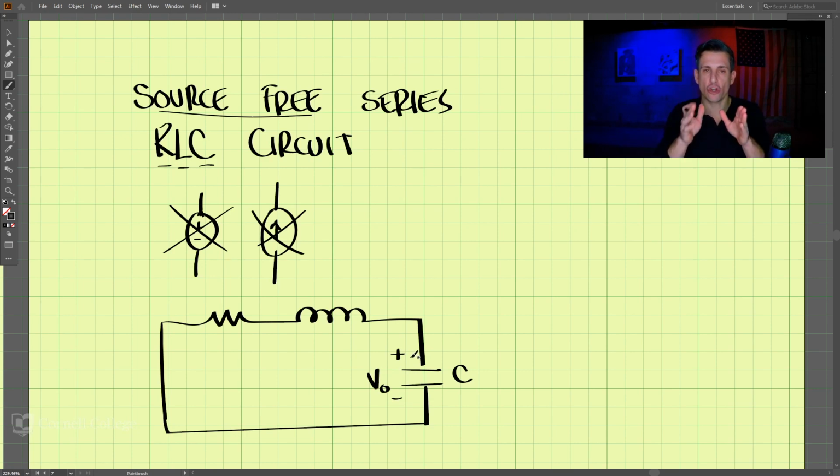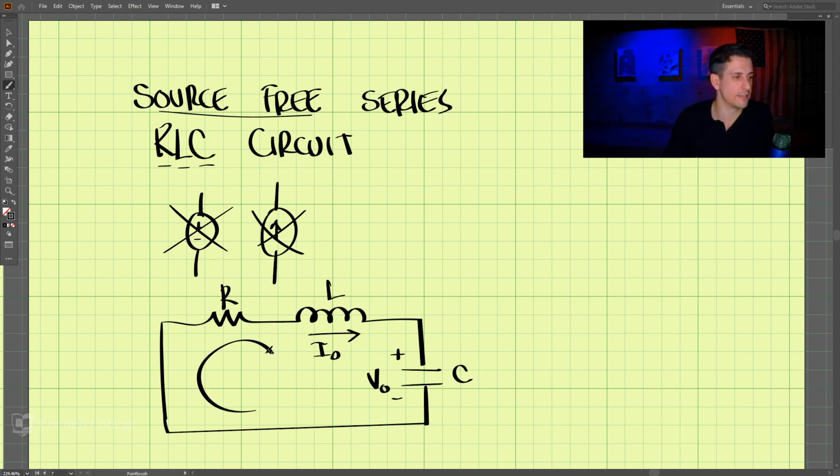So initially the capacitor has energy, and we have our inductor, and this initially has a current here. And then we have the resistance here. And we'll take a look at the current in this loop here.